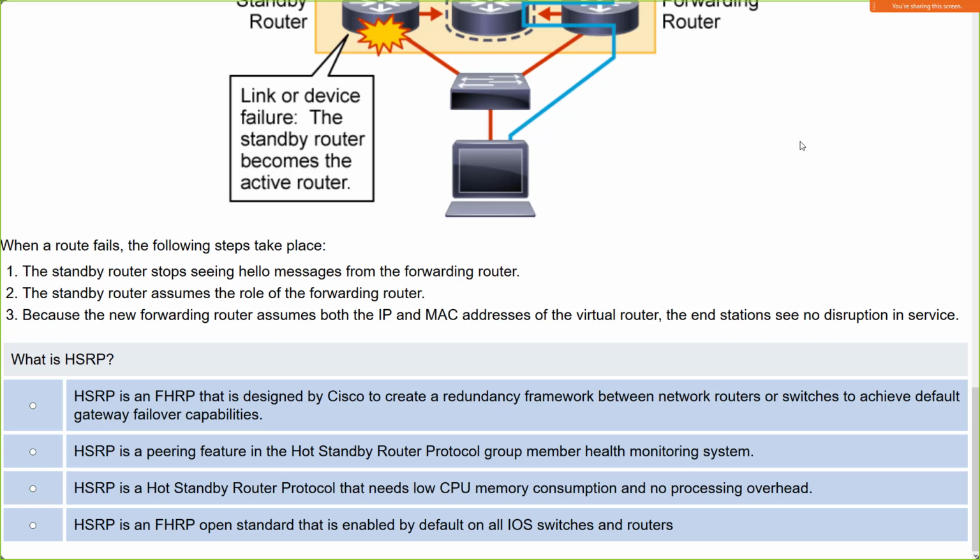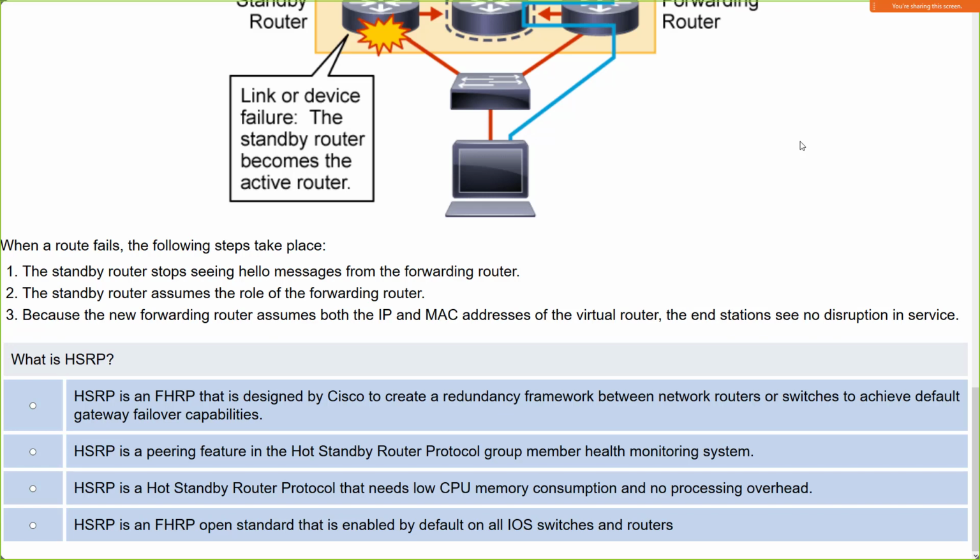So we can use things like objects, IP SLA with tracking objects, and interface tracking to identify if there is a failure upstream that would cause us to force a switchover within the group itself.